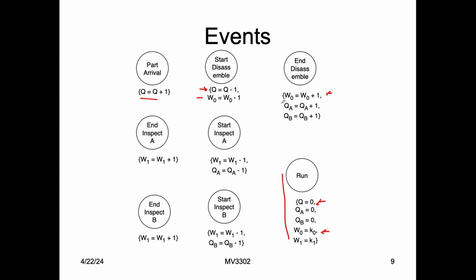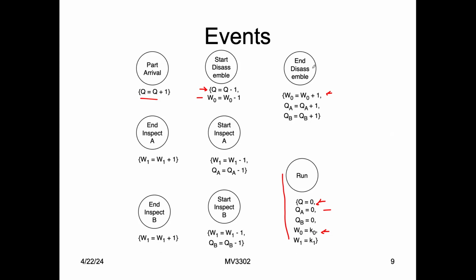But now notice, let's take another state: the number of available components of type A. What is it that could cause that to change?